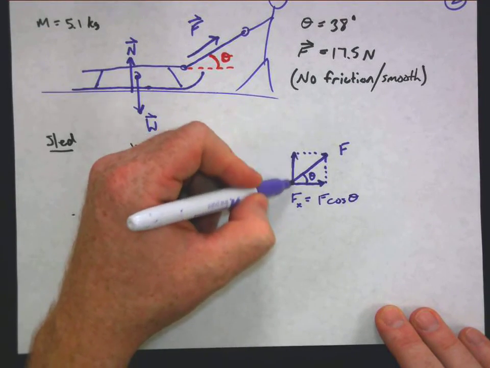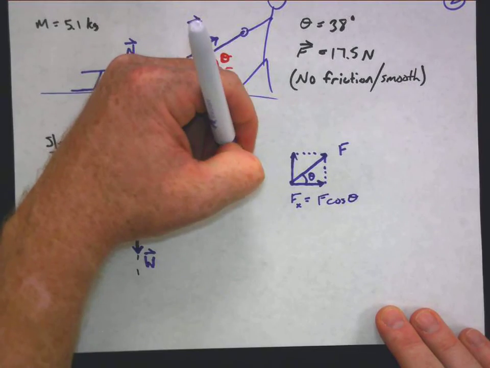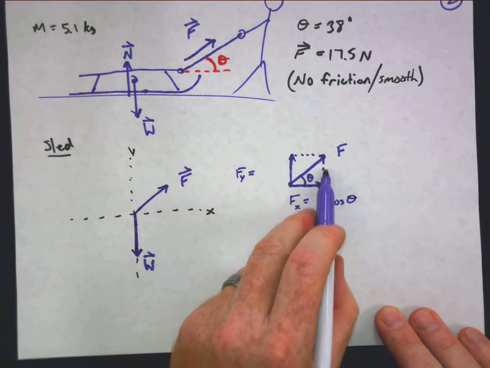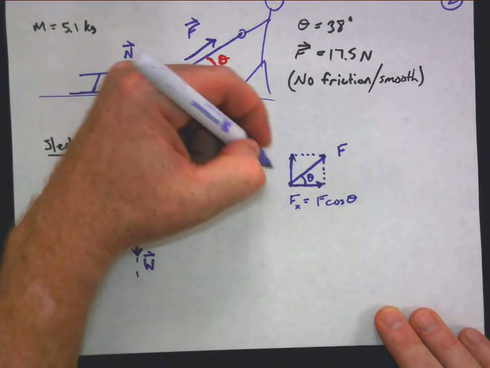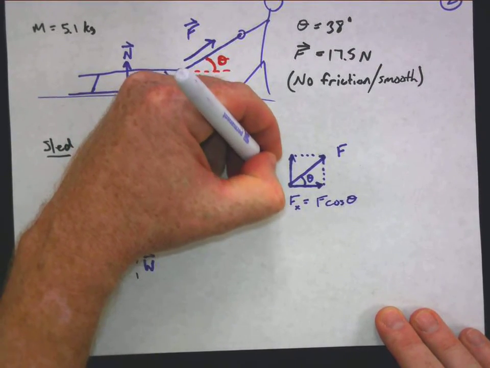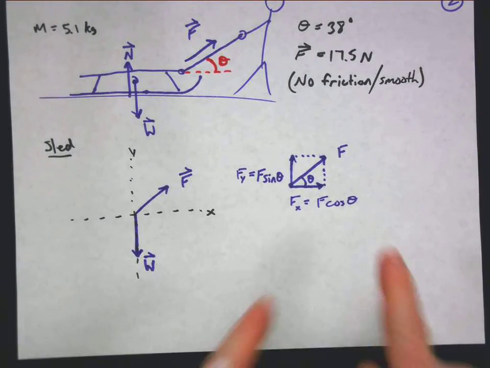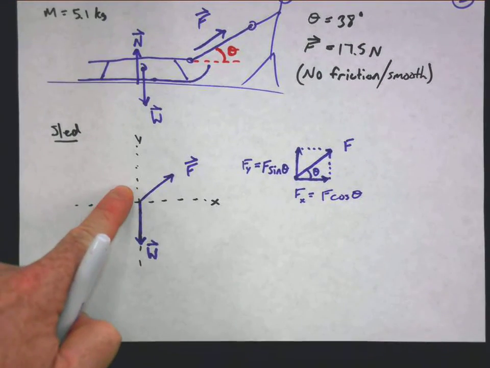This component is the Y component, and it is equivalent to this side of the right triangle, opposite of the angle, so this is F sine theta. I'm going to want that information later, but I don't put those components here.